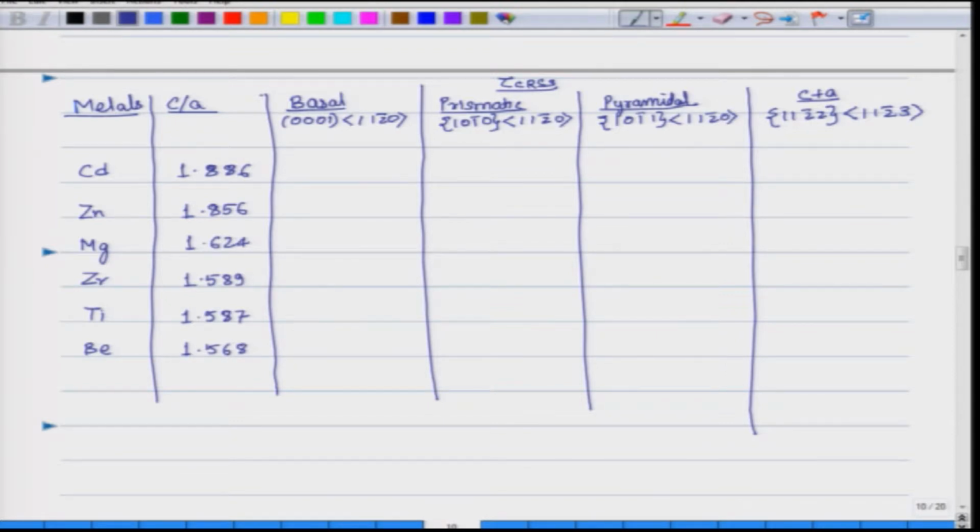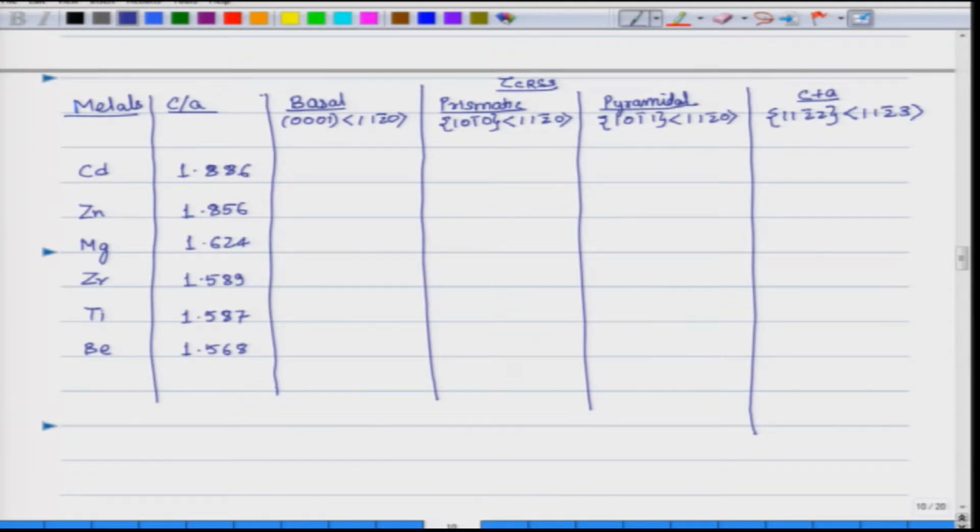So, if you look at this, we see that in this particular list only magnesium comes closest, 1.633, and the elements above it have c by a ratio higher than 1.633, and below this have c by a ratio lower than 1.633, which we said is the ideal ratio. Now, when it is higher, what would we expect?